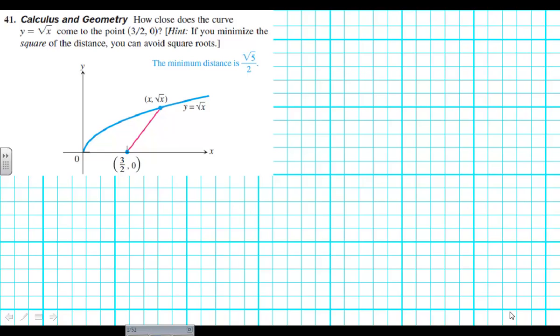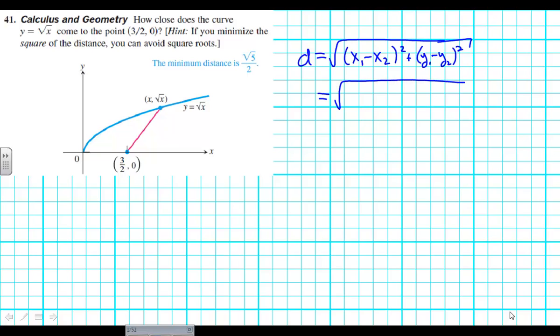Now, to do this problem, we would really want to use the distance formula, (x1 minus x2) squared plus (y1 minus y2) squared. That is our formula for the distance between any two points.